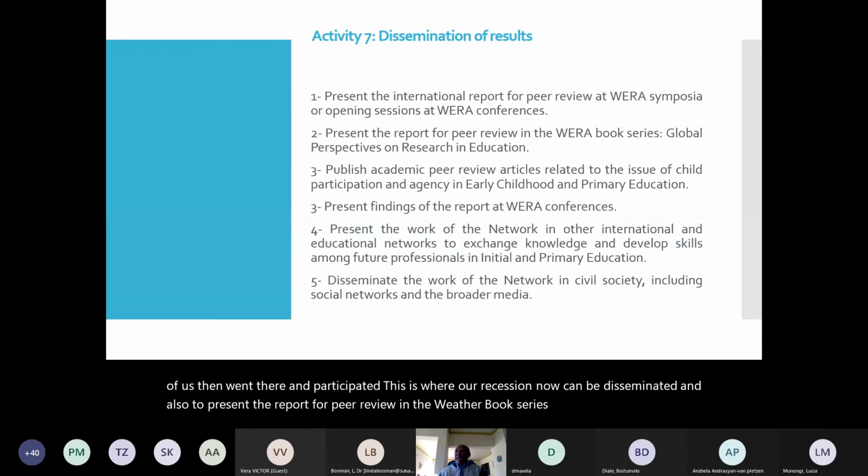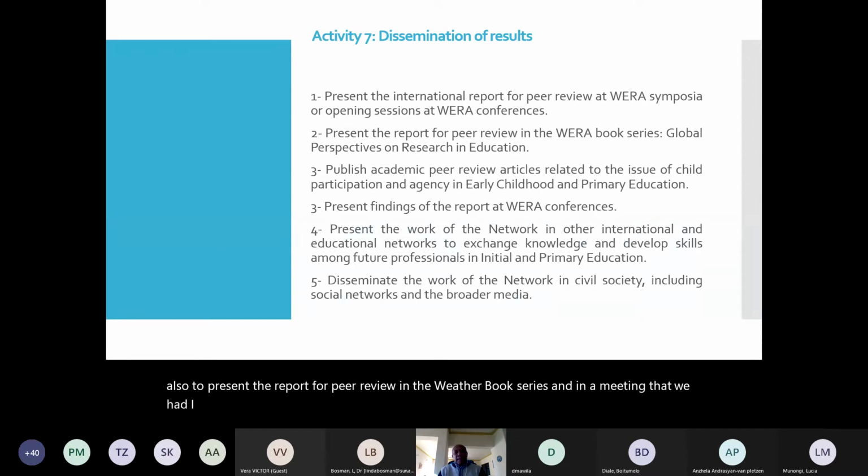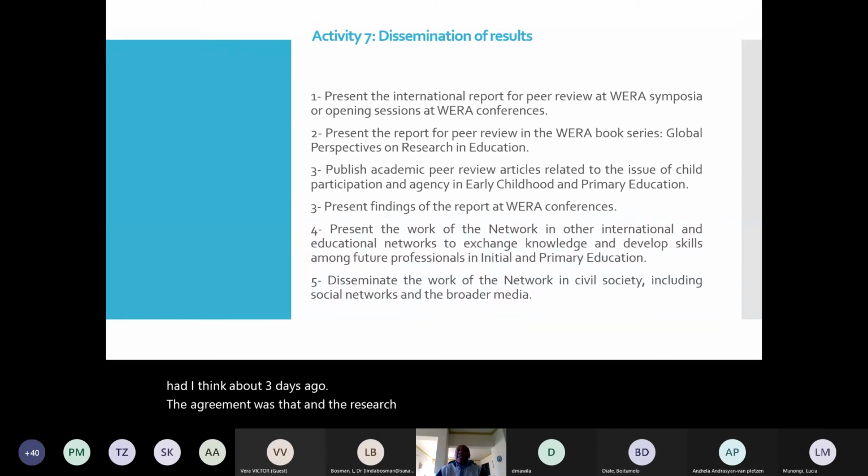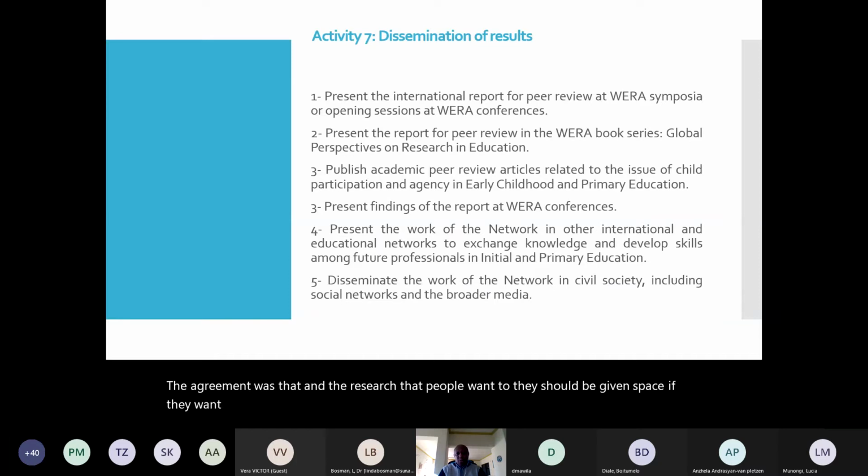In a meeting that we had, I think about 3 days ago, the agreement was that the research that people want to, they should be given space if they want to have chapters in these Vera books, and they should be also given space for articles anywhere.